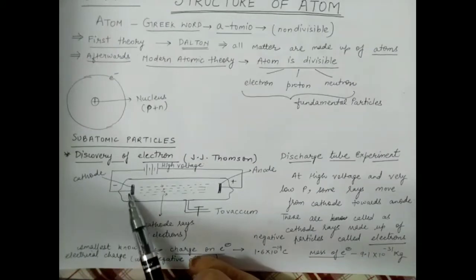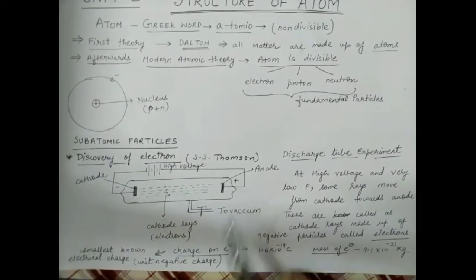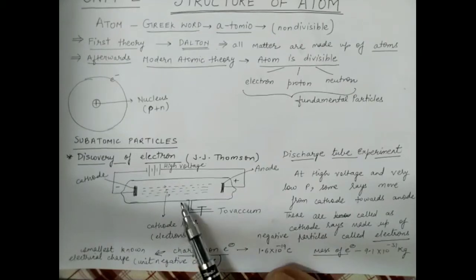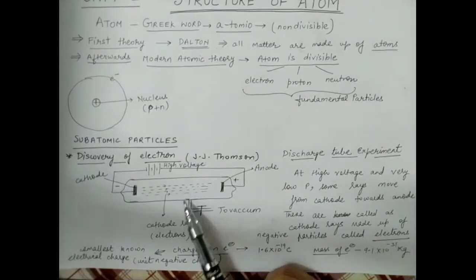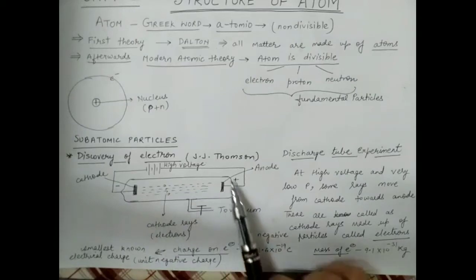This is known as the cathode, it is negatively charged. This is known as the anode, it is positively charged. The tube is connected to a vacuum pump. This tube is filled with some gas under study, and it is connected to a high voltage source. So this is my discharge tube.